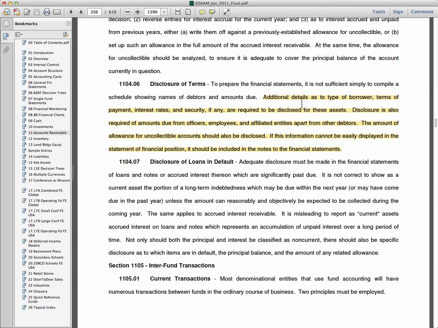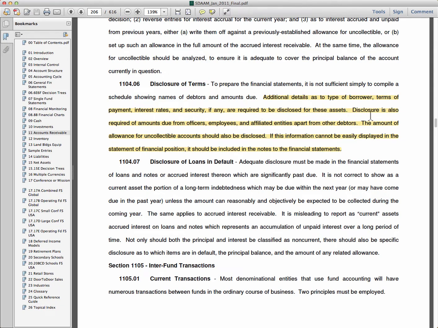So we have additional details as to the type of the borrower, the terms of the payment, that is, is it a monthly payment due over 3 years? The interest rates and security are required to be disclosed for these assets.